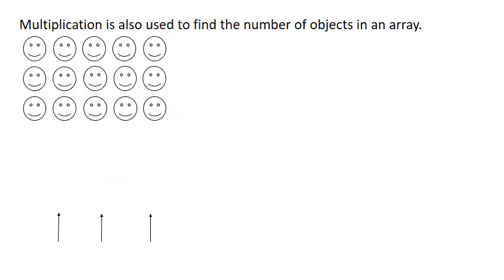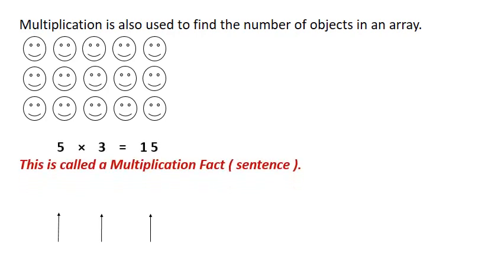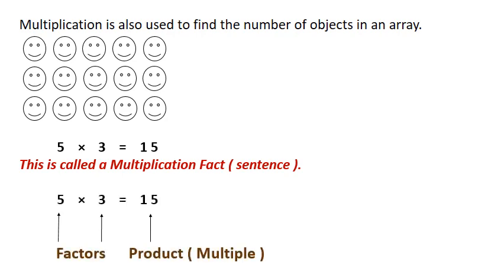Now multiplication is also used to find the number of the objects in an array. Means when you have so many objects arranged in the rows and columns, and you have to find out what is the total number of the objects, here also multiplication can be helpful.